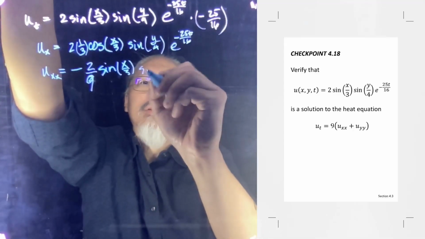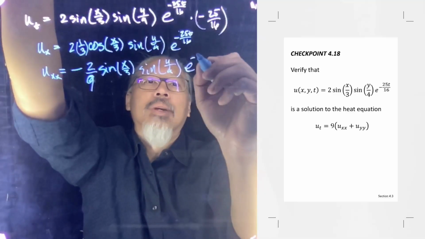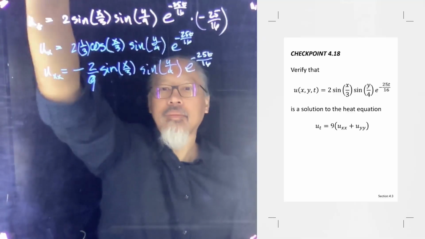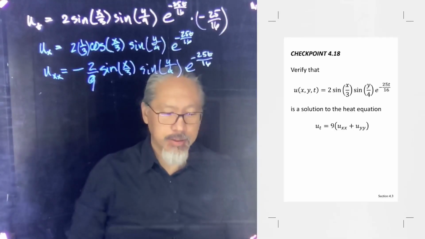Everything else stays the same, so let's write everything else down as it was before. All right, we have our u_xx.